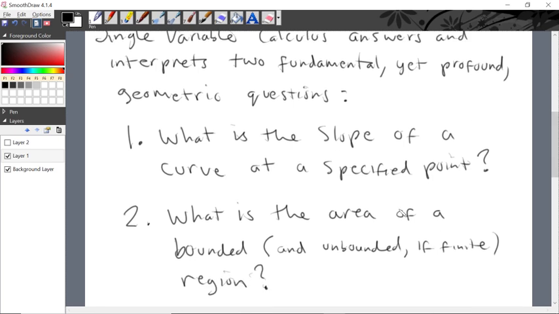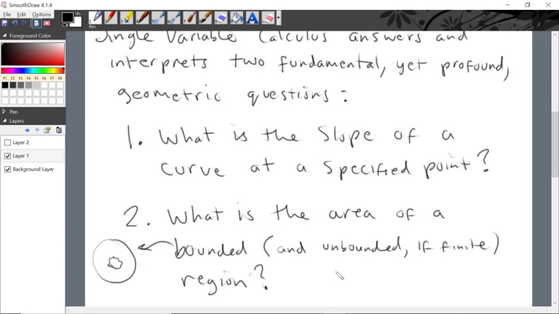And the second: what is the area of a bounded region? Later we can even see what about an unbounded region, which you can look at in a Calculus 2 course, if that unbounded region's area is finite. Now, bounded geometrically in 2 dimensions means you can construct a circle with finite radius that would completely contain the region.